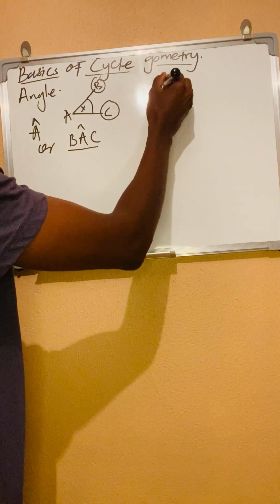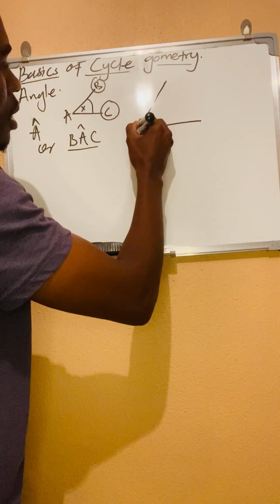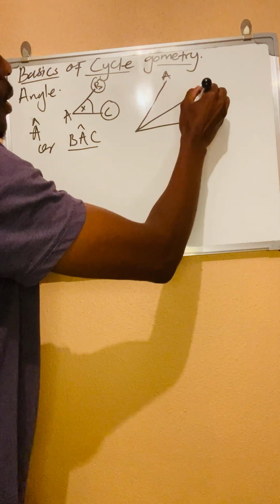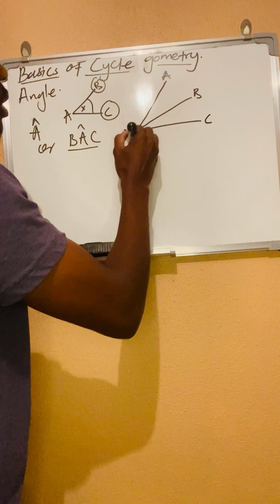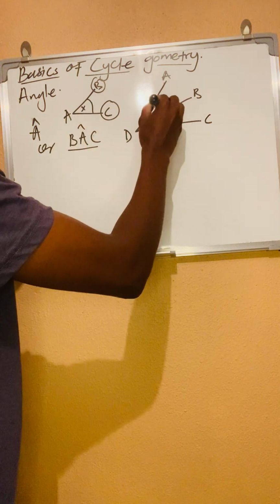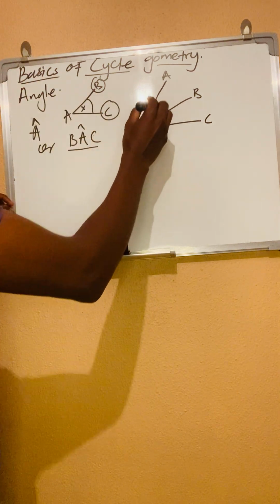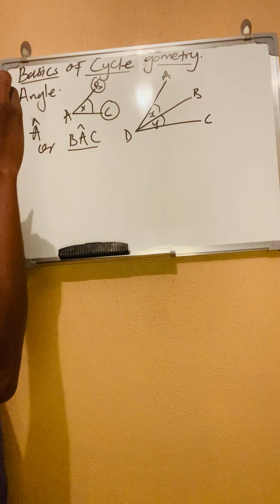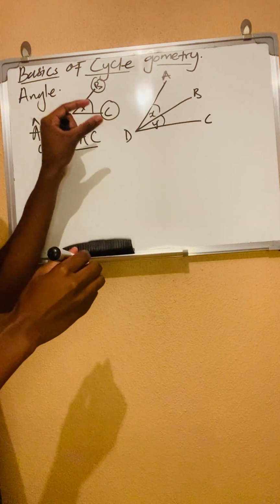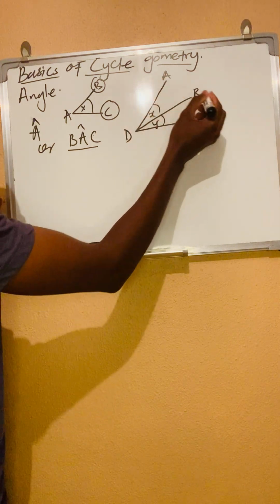So let's take maybe you're given something like this. Okay, we have A, B, C, D. Then they say name angle X or name angle Y. So let's start with X. X is between which two lines? It's between AD and BD.